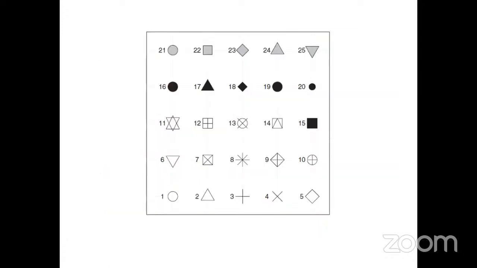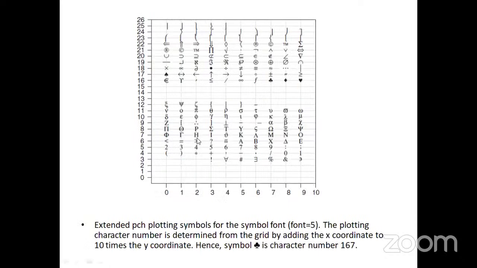These are the several characters. Suppose you are typing 19, you will get this particular plot; 20, you will get this particular dot. Even here, if the character is 167, it is 160 and this is 7 here, so it will take this symbol.